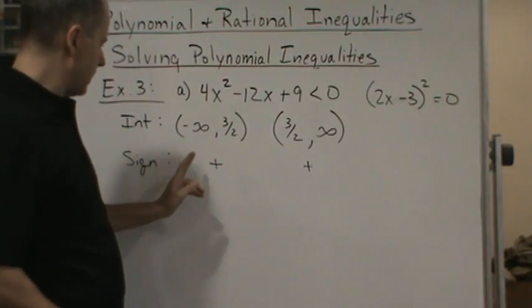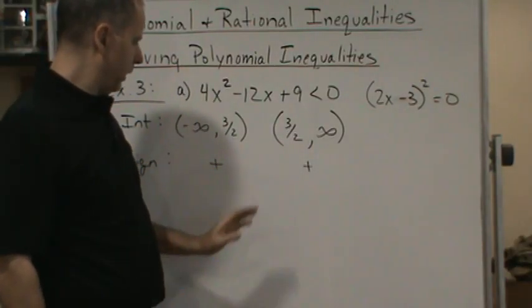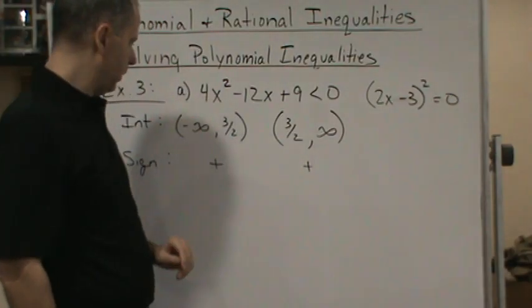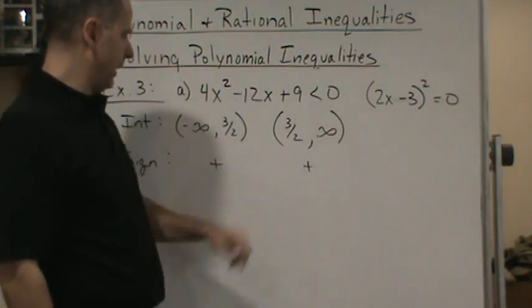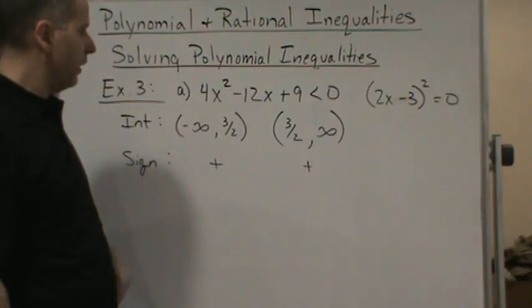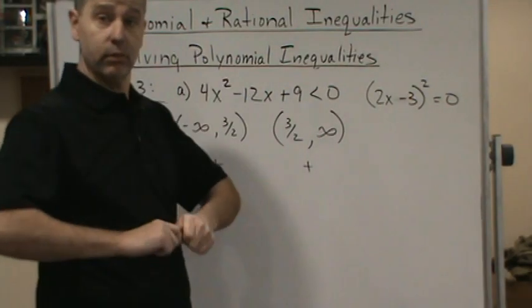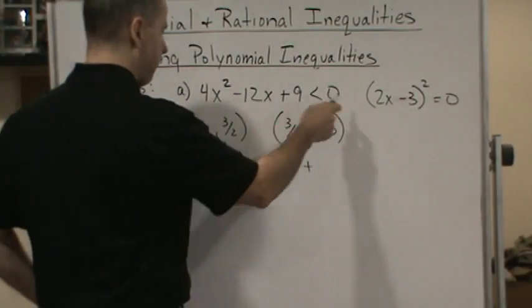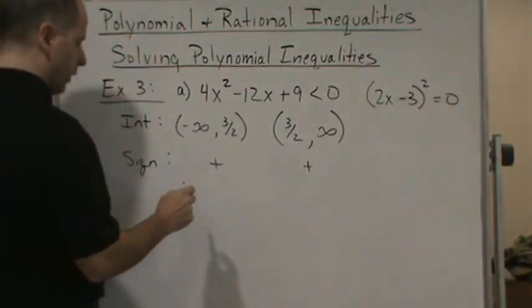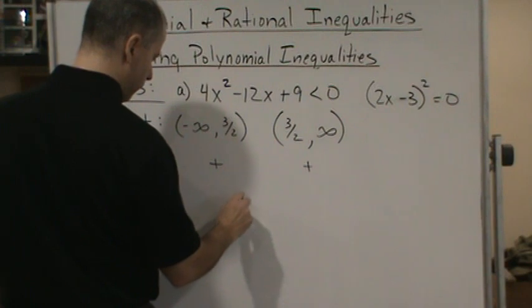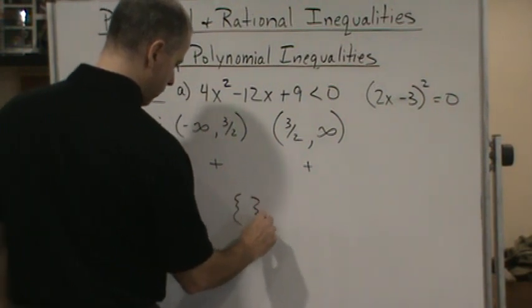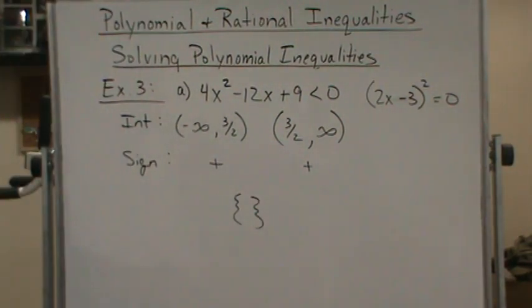Well, since it's positive on this interval, and it's positive on this interval, and it's 0 at 3/2, that means in this case there is no solution. So the solution set for this inequality would be the empty set. And we would just write it like that. The set that has nothing in it.